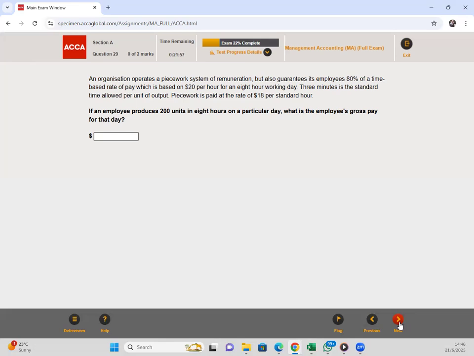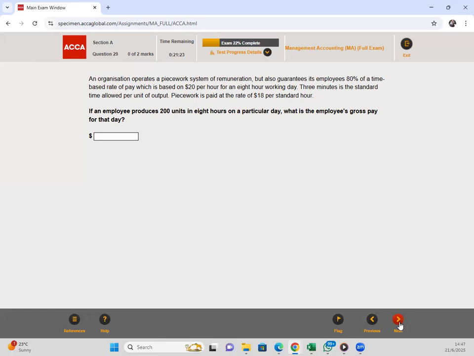If an employee produces 200 units in 8 hours on a particular day, what is the employee's gross pay? An organization operates a piecework system of remuneration, but also guarantees its employees 80% of a time-based rate of pay, which is based on $20 per hour for an 8-hour working day. 3 minutes is the standard time allowed per unit of output.